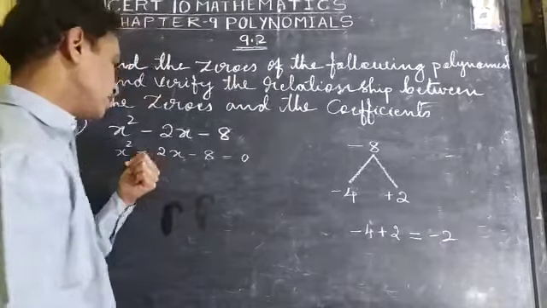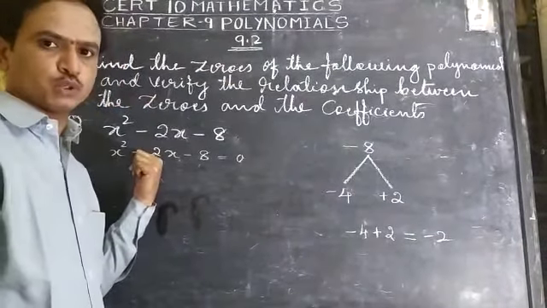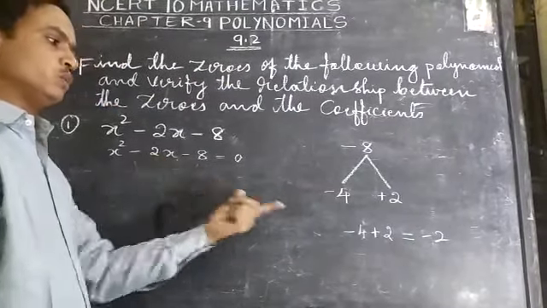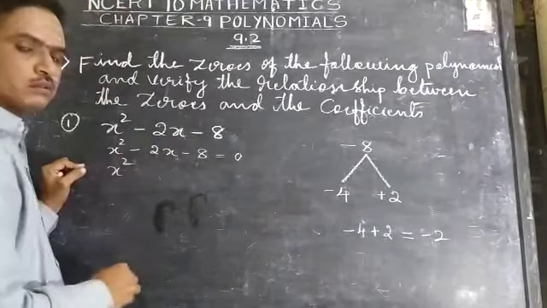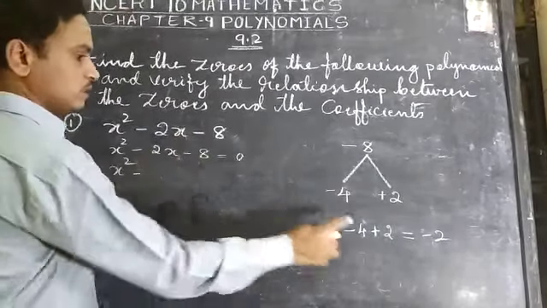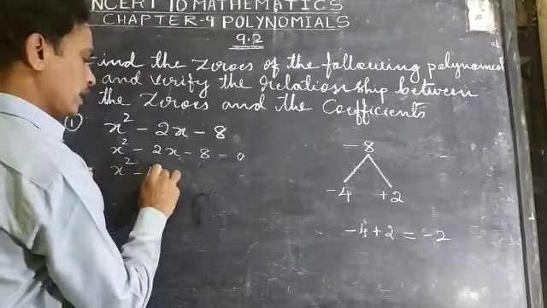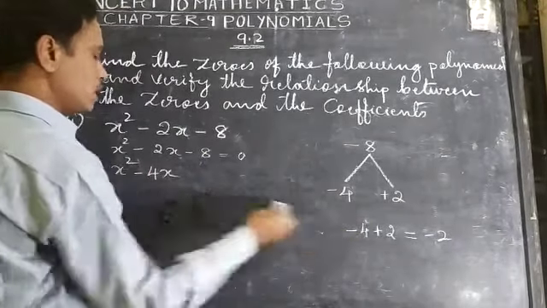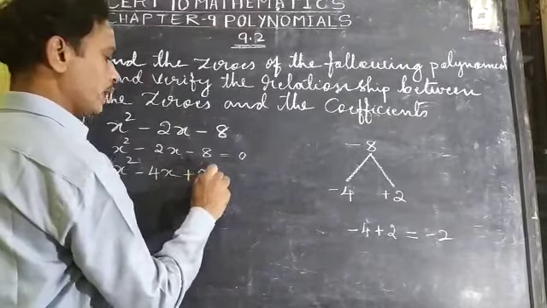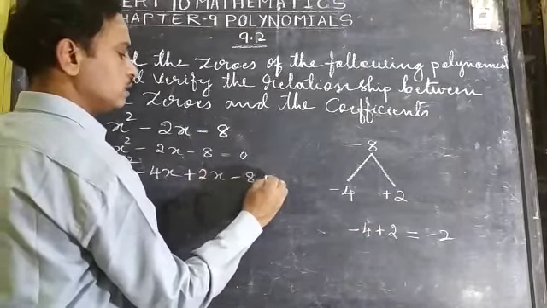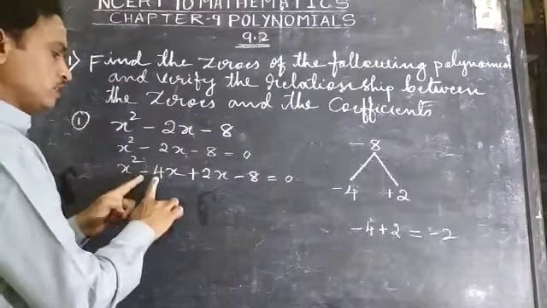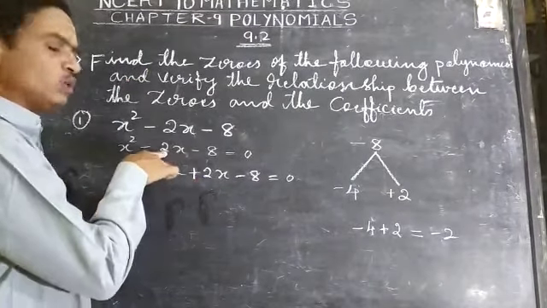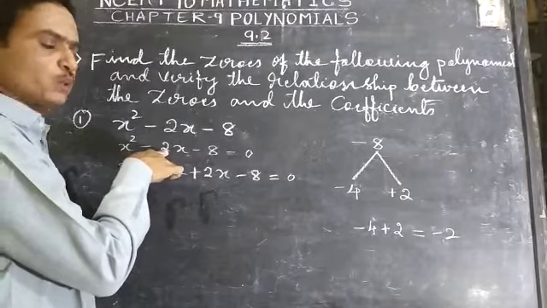So we are getting the middle term, that is minus 2. Understood? So now how to take it here? x square minus 4x plus 2x minus 8 is equal to 0. Minus 4x plus 2x is equal to minus 2x.